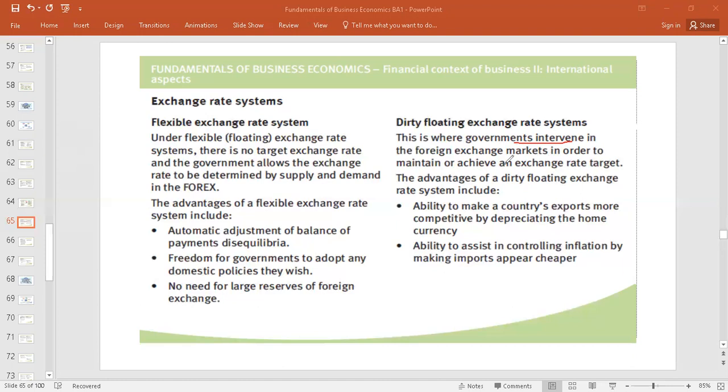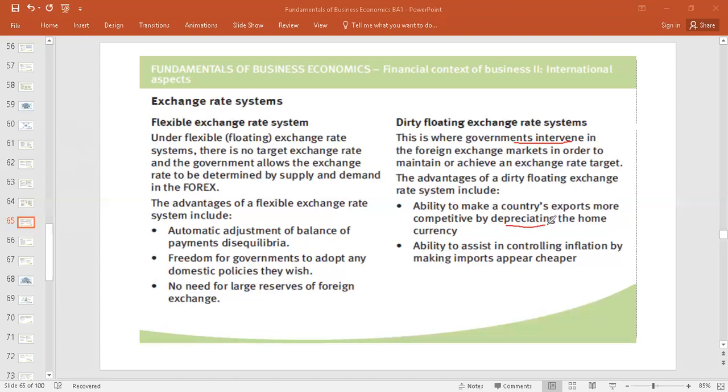The advantages of the dirty floating exchange rate system include the ability to make a country's exports more competitive by depreciating the home currency. The government is playing a role here in deciding what the exchange rate would be. So in that case, it is called a dirty floating rate. The economy can benefit from depreciating the home currency.